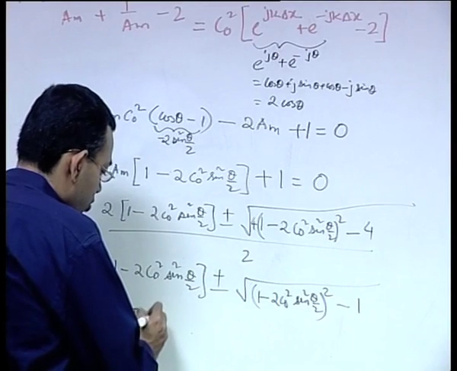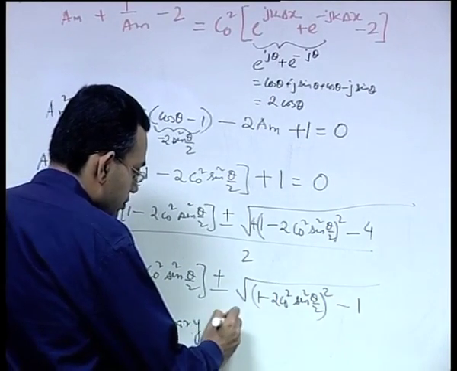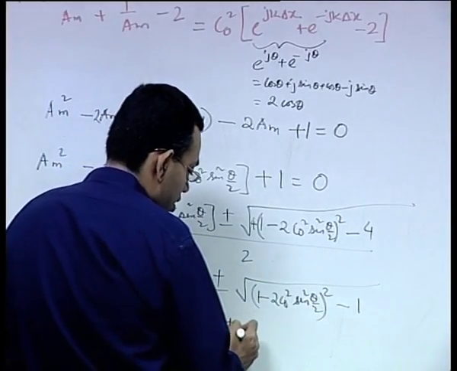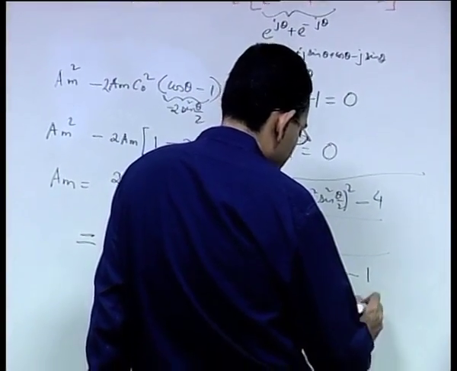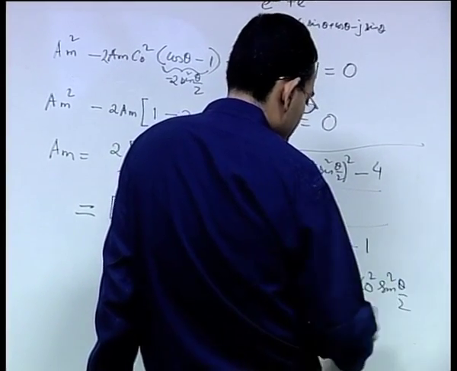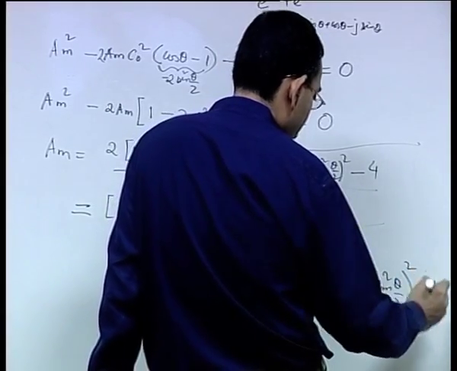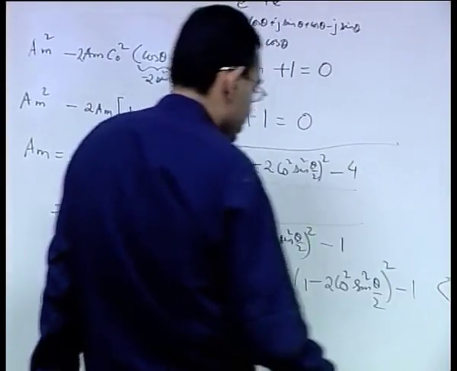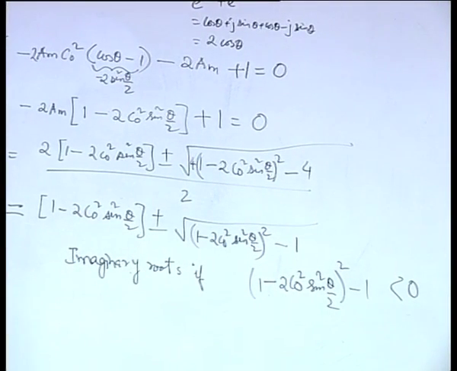So, imaginary root if 1 minus 2 c naught square sin square theta by 2, whole square minus 1 less than 0. Okay.